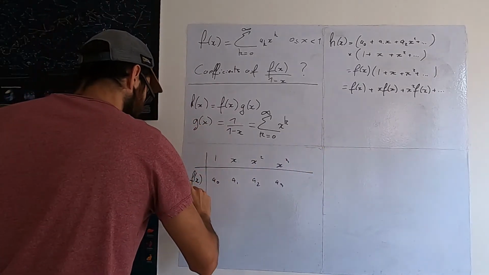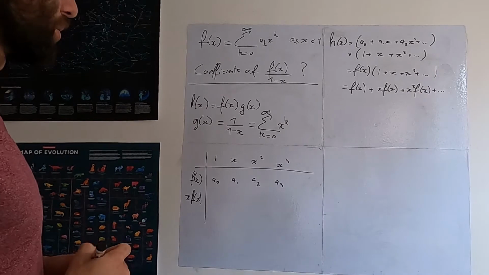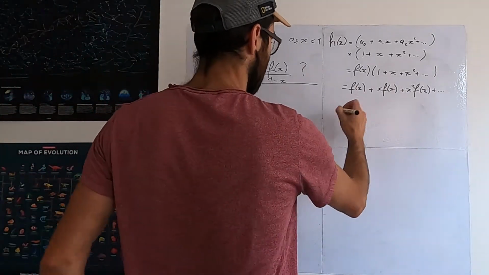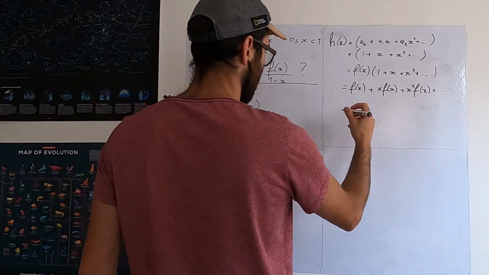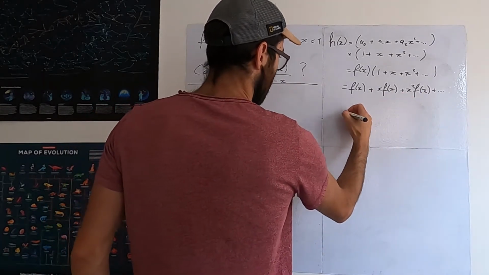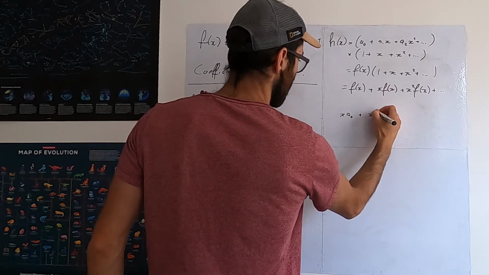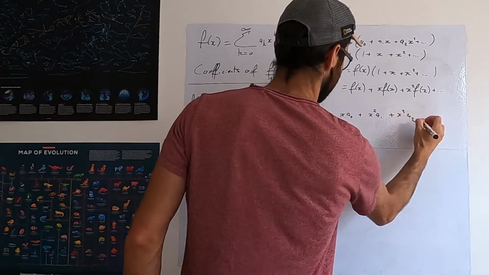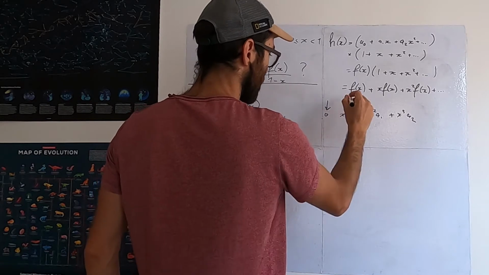Then we have x f(x). What happens when you do this? When you do x f(x), you essentially just shift the coefficients, because you get x a_0 plus x^2 a_1 plus x^3 a_2. So now the coefficient in front of 1 has become 0.